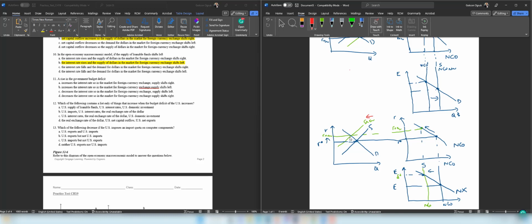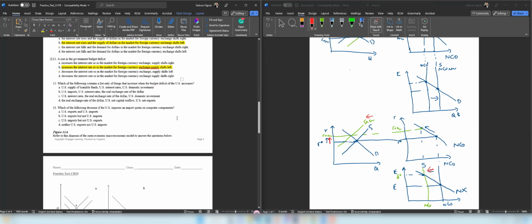And if that happens, we know that the interest rate rises in this market. And then we know that the supply of dollars, which is NCO, shifts to the left in the exchange market. So in the market for foreign currency exchange, supply shifts left. This is the correct answer.